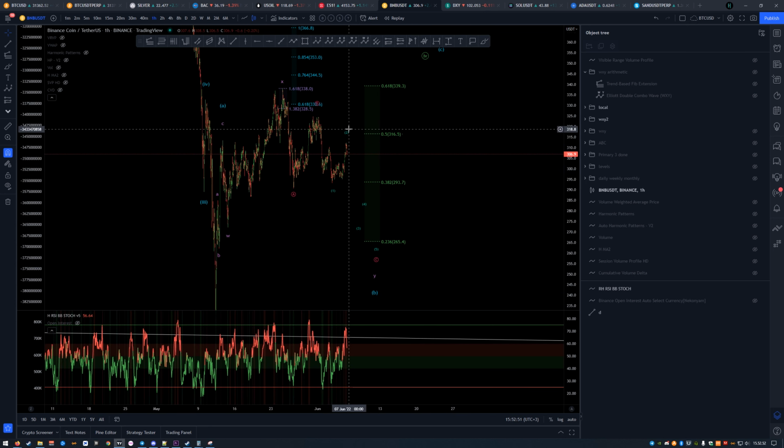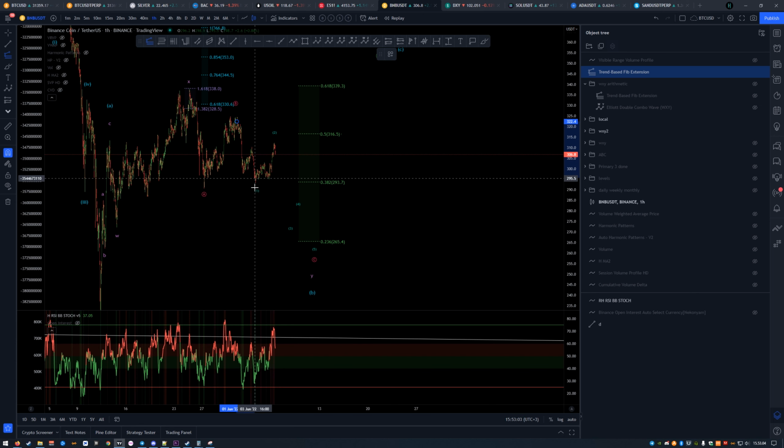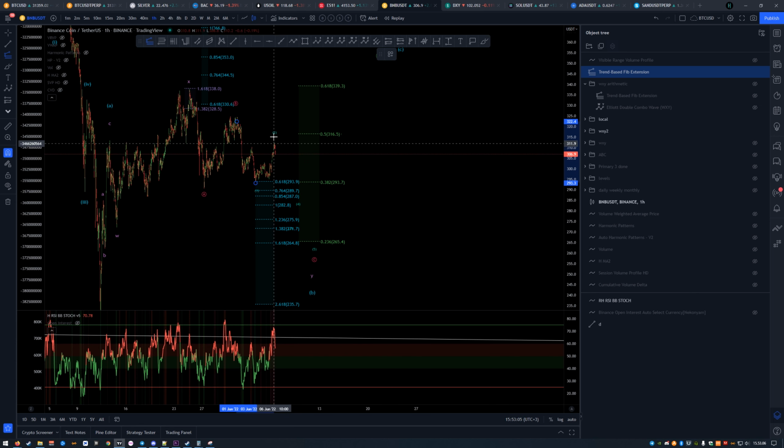This has come quite deep for the wave 1, so I would assume that wave 3 is not actually going to meet the target of 1.618 if indeed this is a 1, 2, 3, 4, 5 pattern or an impulse structure.